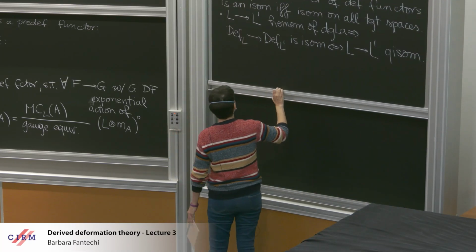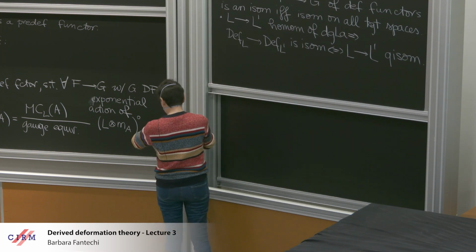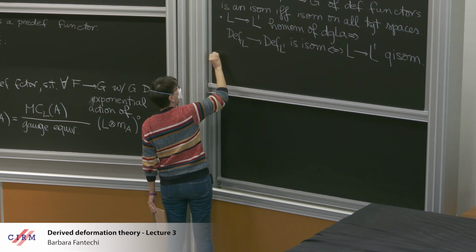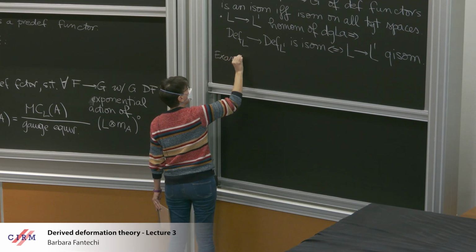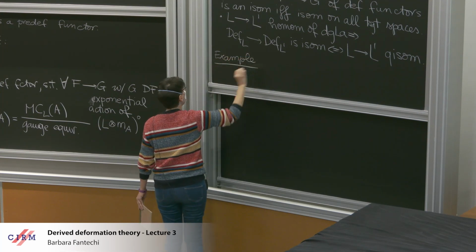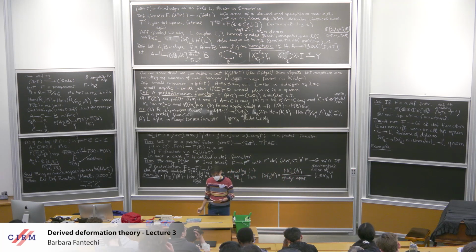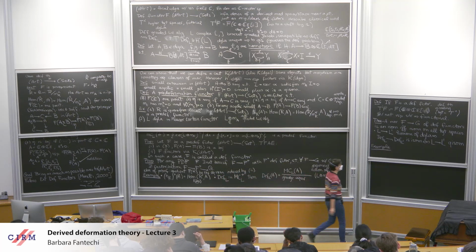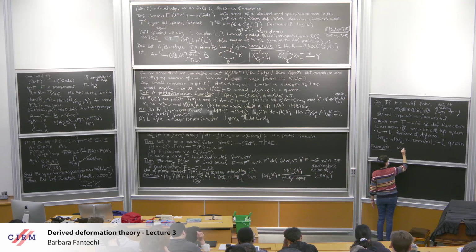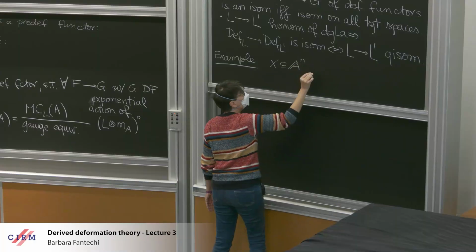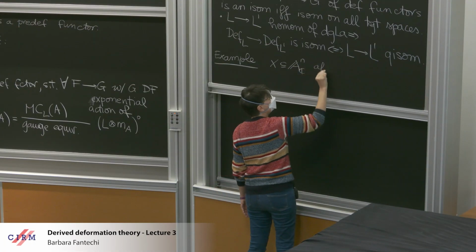And let me give you quickly one example, which is also related to, there will be more examples in the last lecture, but so let me take X in A^N an affine scheme.